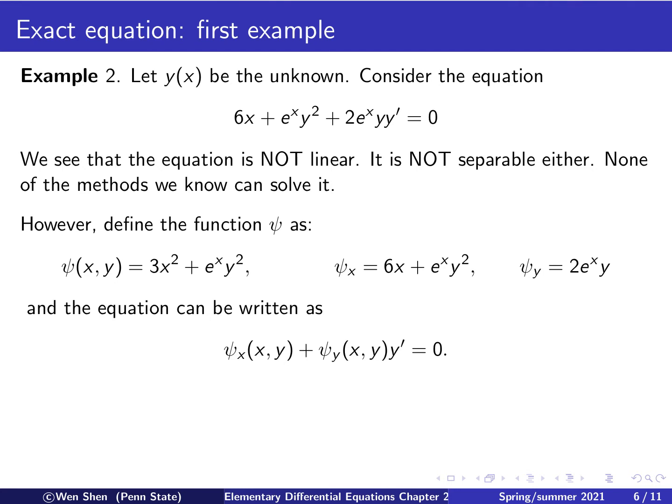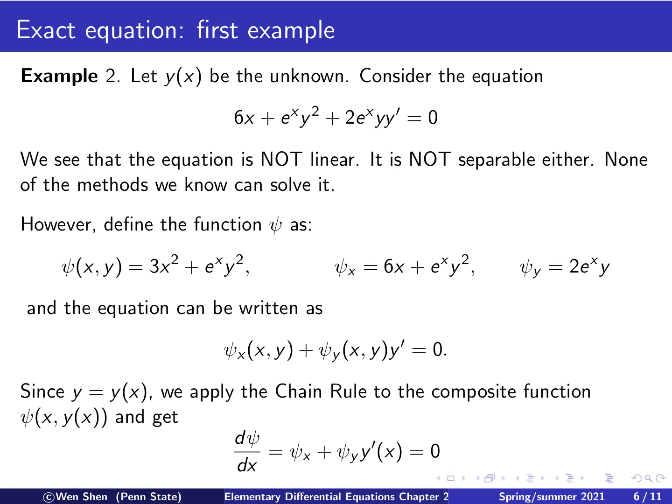Now you're already seeing why I put that function up. In fact, we observe that this here is exactly psi sub x, and this term here is exactly psi sub y. So this equation can be written as psi sub x plus psi sub y y' equals 0. Now comes the chain rule, the special form of the chain rule we just talked about. If you don't call this psi, you call this f, you notice that this is the chain rule.